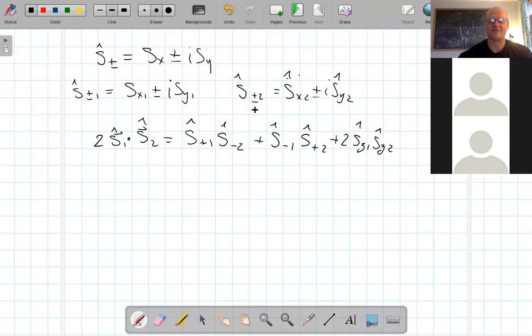So basically, if you use these definitions and put those into here, you'll actually get the original statement that we had before. Is it okay?